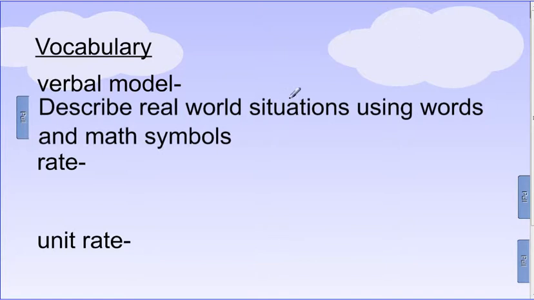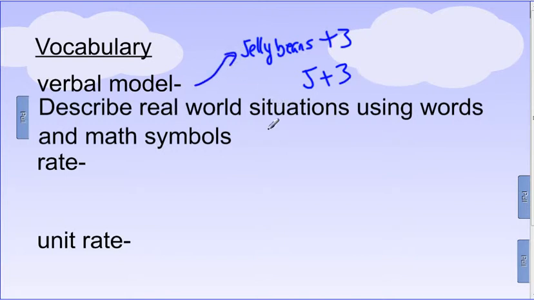So, for example, if the word problem says James had 3 more jelly beans, I might put something like jelly beans plus 3. Well, this is not an actual math expression yet. We would eventually change that down to like maybe j plus 3. But the verbal model helps you get all your thoughts down and make sure it looks good before you go through and make it into a complete expression.